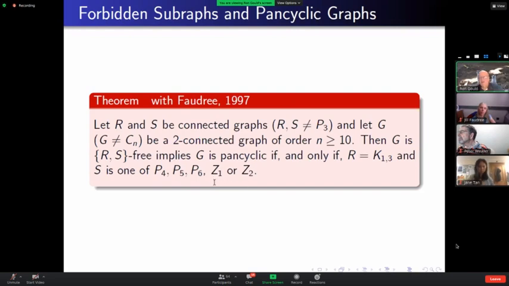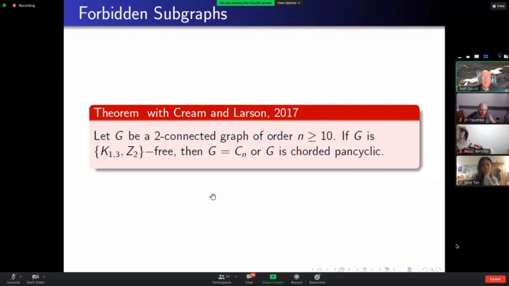Z1 is just the triangle with one edge off of one vertex. So we were able to characterize the forbidden pairs for 2-connected graphs that implied the graph is pancyclic.